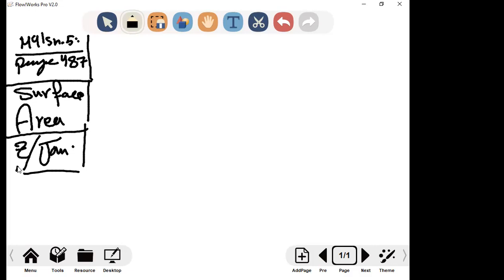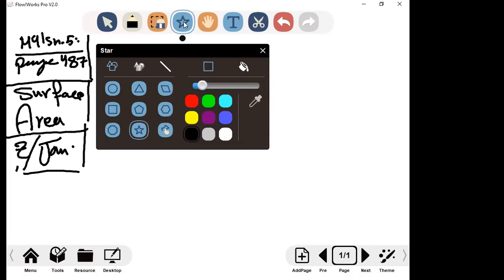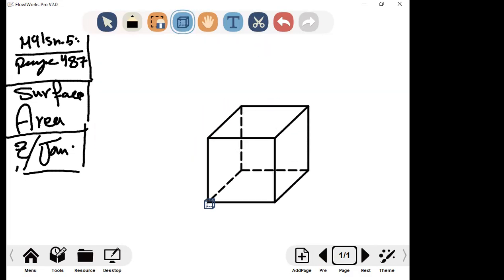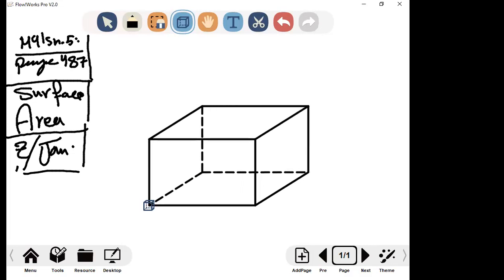So in the rectangular prism, this is a rectangular prism, right? I'm assuming that the length is 6 centimeter, the width is 4 centimeter and the height is 5 centimeter, right?